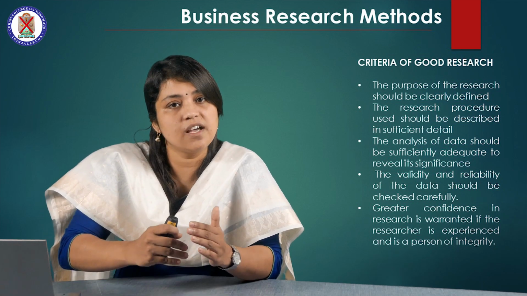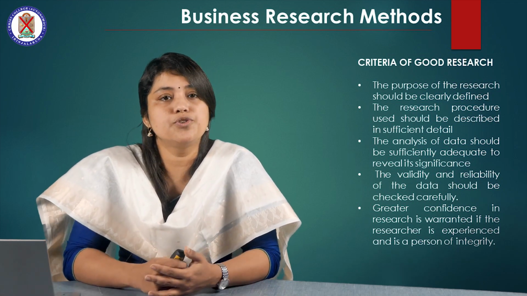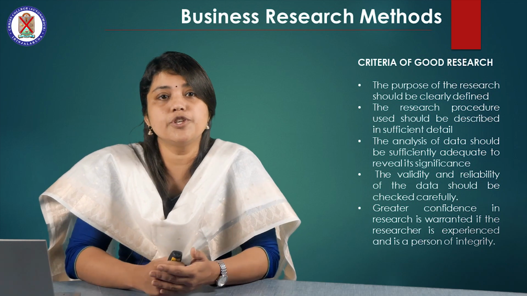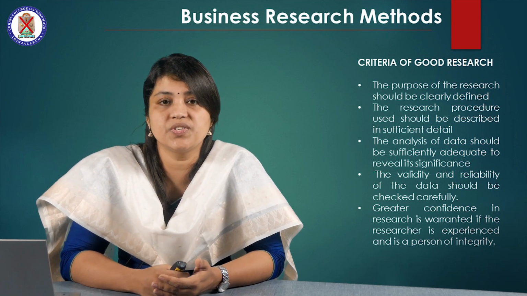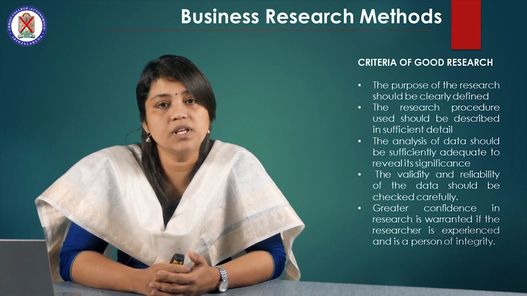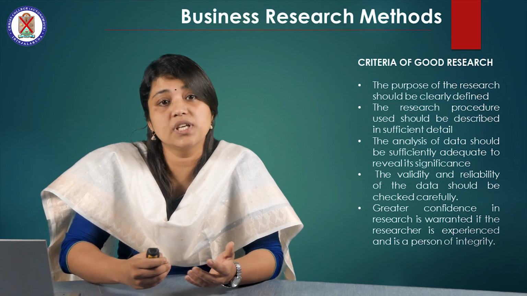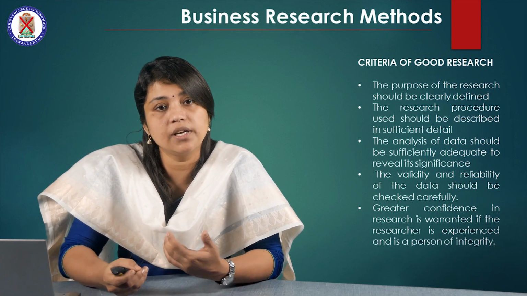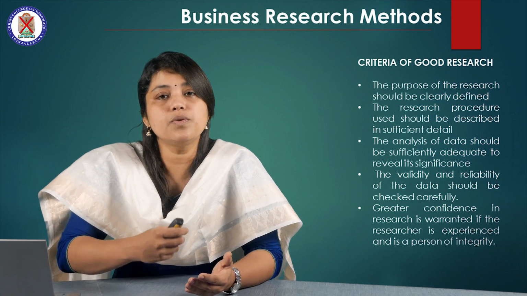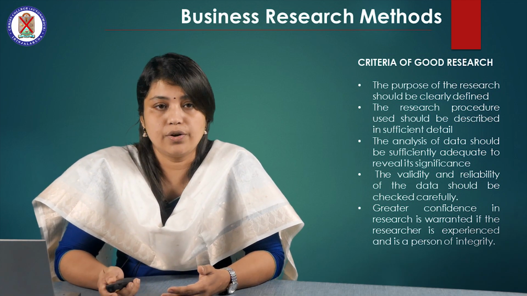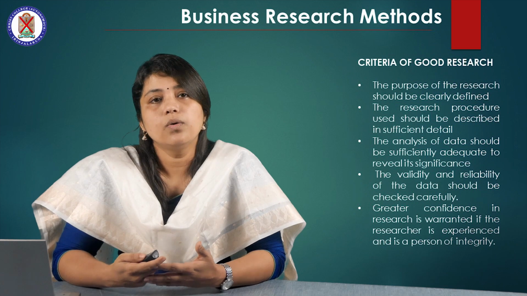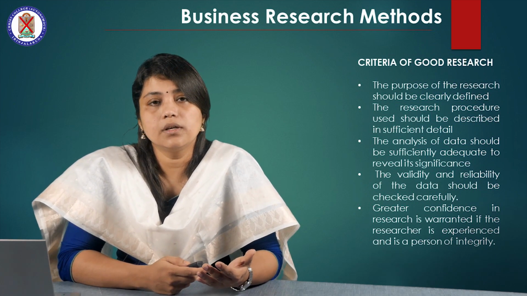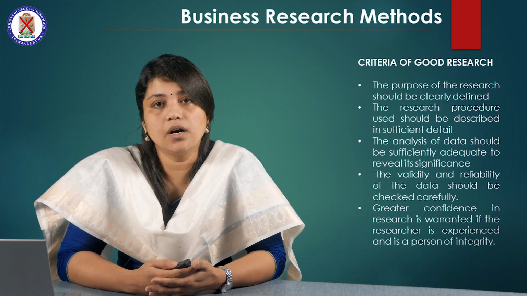The researcher must carefully select among different research designs, and the selection depends upon the specific research question and the overall objectives of the study. Decisions like choosing among data collection methods and sampling techniques require the researcher to exercise logical reasoning. Okay, now we'll move on to another section, that is criteria of good research.